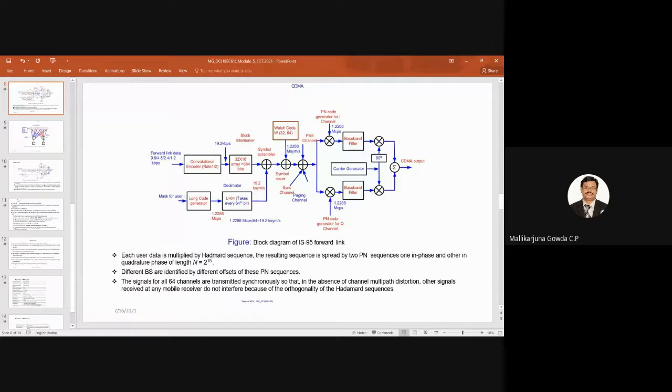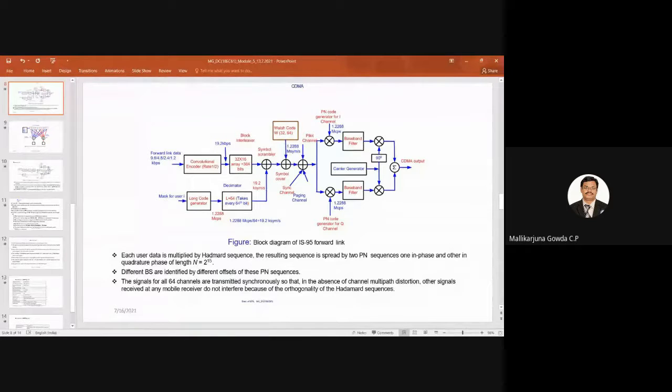The bandwidth used for transmission from each base station to the mobile user, that we call the forward link, is 1.25 megahertz, and a separate channel with a bandwidth of 1.25 megahertz is used for signal transmission from the mobile receivers to the base station.